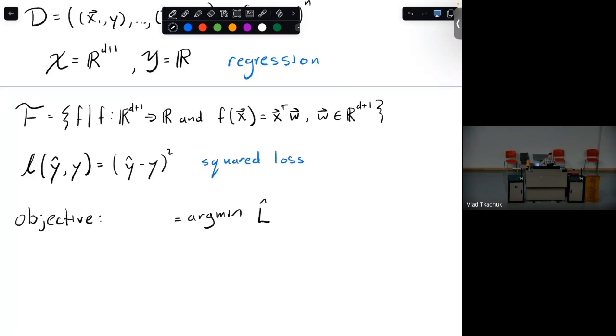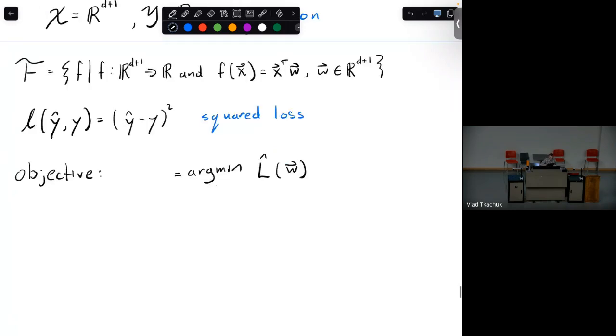And remember, there's this version of L hat where I plug in w instead of f. We're trying to minimize this L hat function over all w's. These w's are in R^(D+1), right? And we called this thing w hat. We used hat because we're going to use w star somewhere else later, but this is really the same thing as the w star we saw above. It's just minimizing some function.